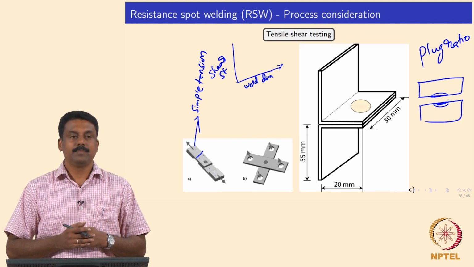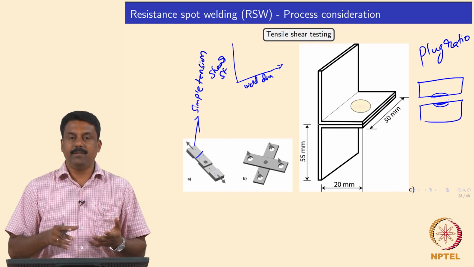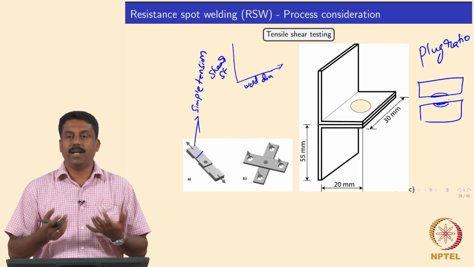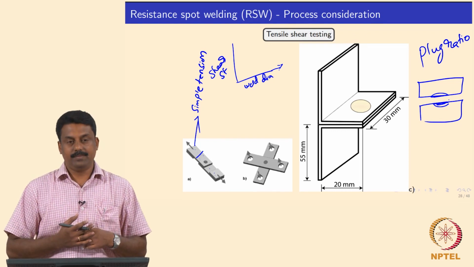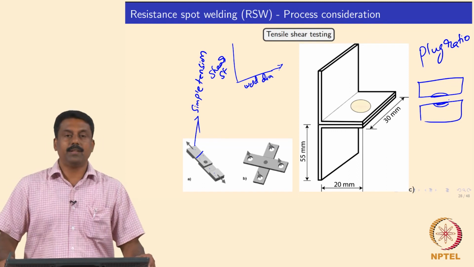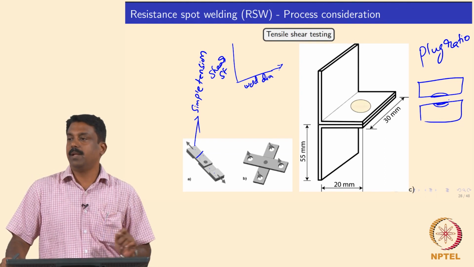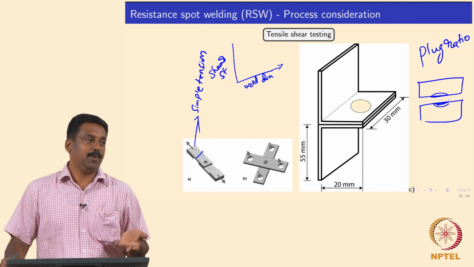Is that clear? So, apart from the strength, the guidelines would also specify what is the minimum plug ratio you should have in order to qualify the weld. So, generally the weld qualification dictates that you should have at least 80% plug ratio, or 0.8.